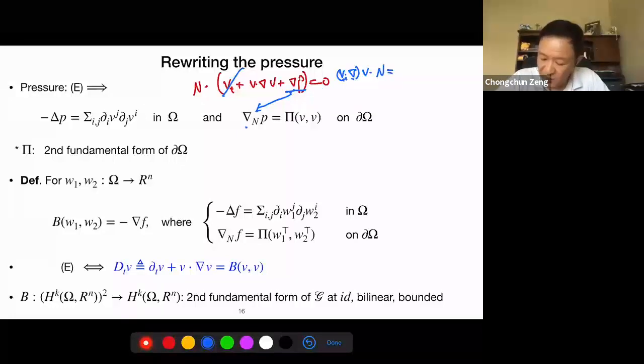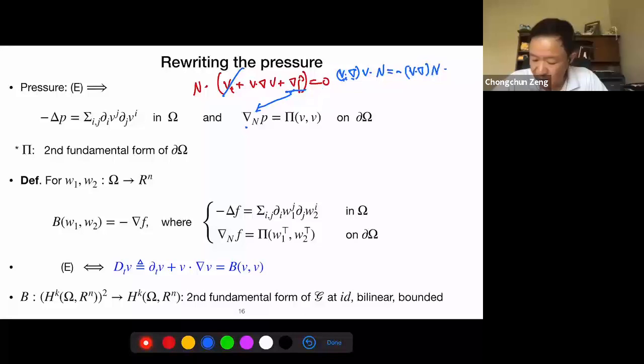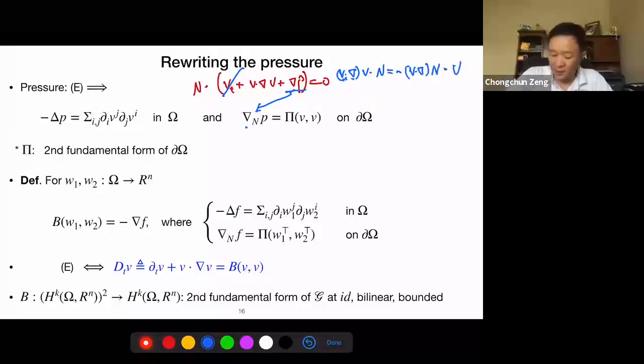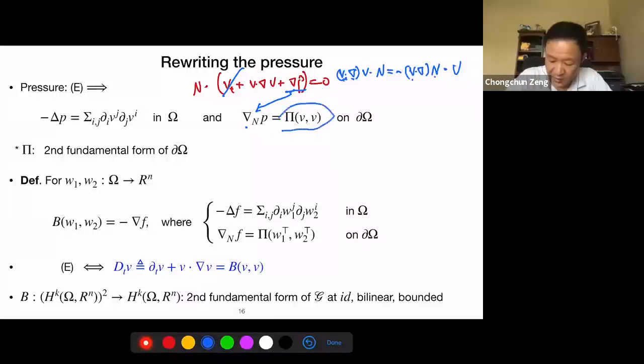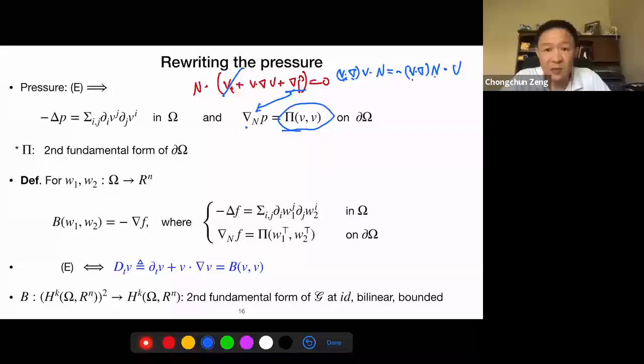So then, just like applying the product rule, this is equal to V dot grad, the directional derivative of the normal component, dot V. And so this part, if you take the directional derivative of N, the normal vector, in the direction of V, that's a second fundamental form acting on V. So you get this term, which depends on the second fundamental form of the boundary, the physical boundary of the domain.